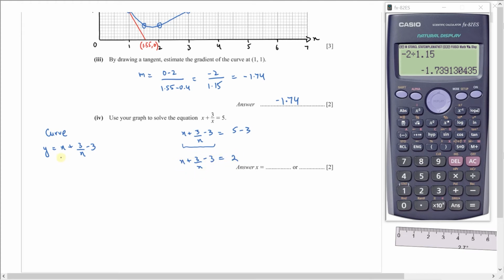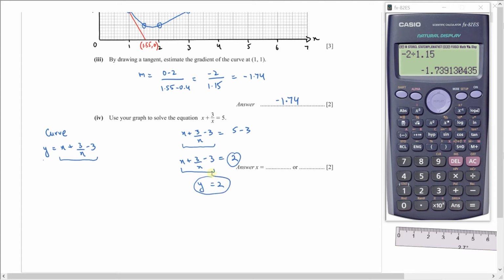Another way to look at it is that this whole thing is y, so I can substitute y equals 2. Basically I'm looking at the curve we have drawn, where the y value of this curve is 2.